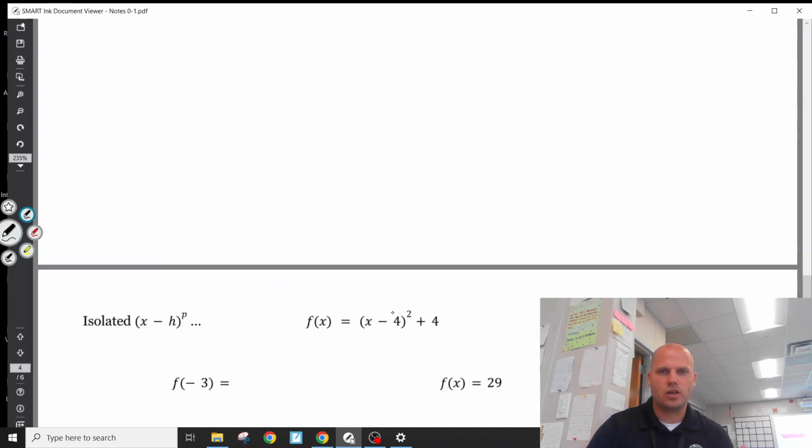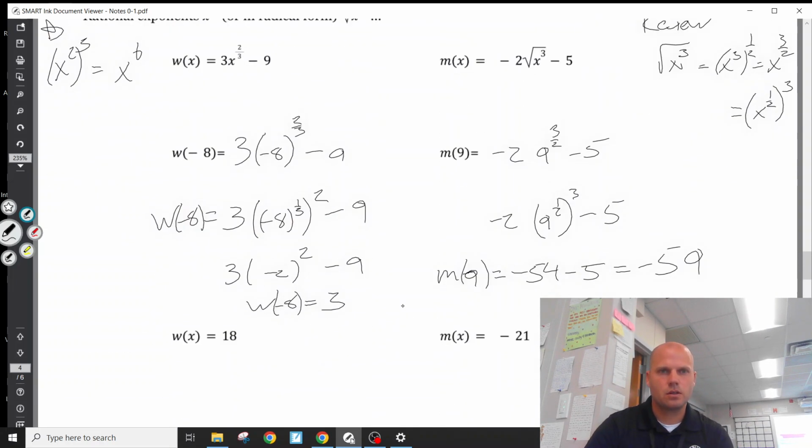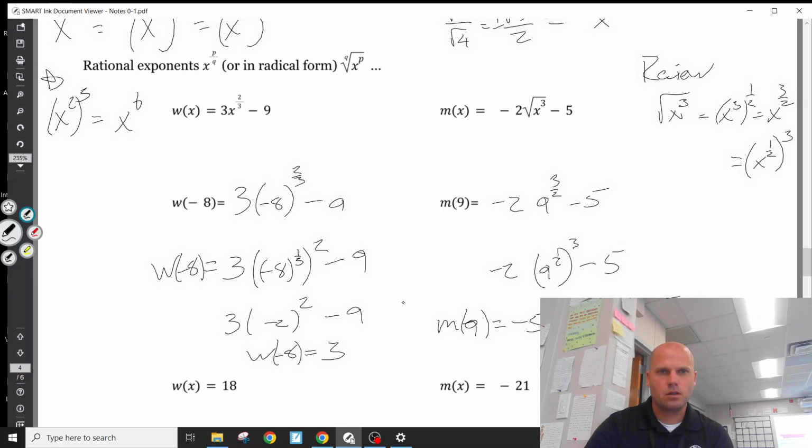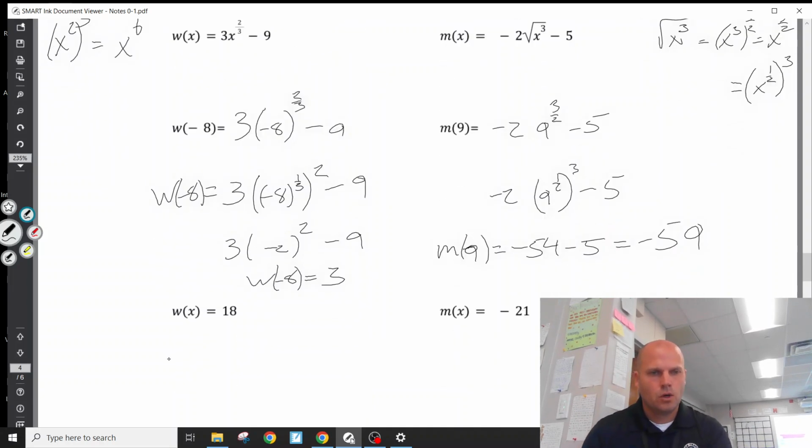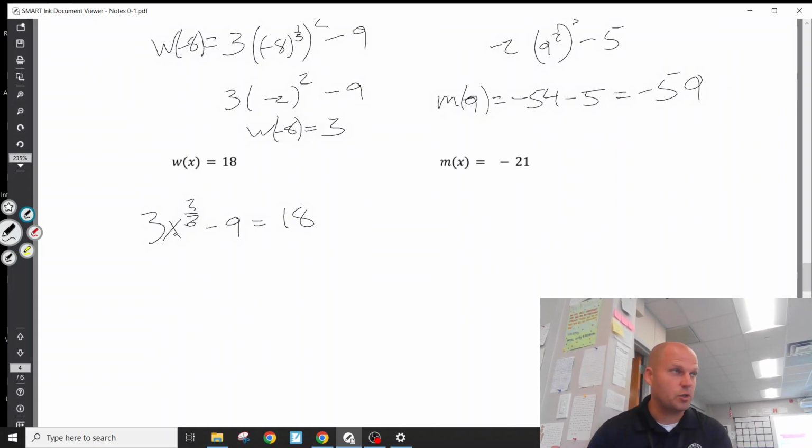All right, solving equations. Here's W. When does W produce an output of 18? Undo what's being done.